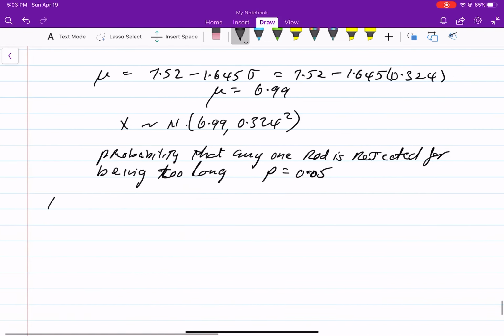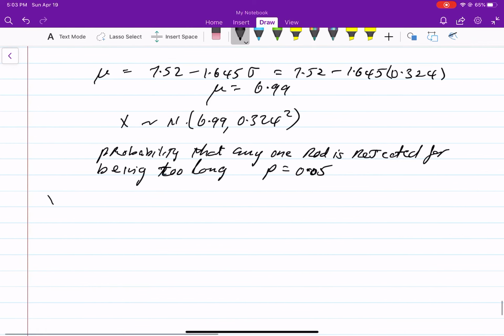I'll call it y, a new variable. Y now is a discrete random variable. See how some of these problems morph from one distribution into the other?